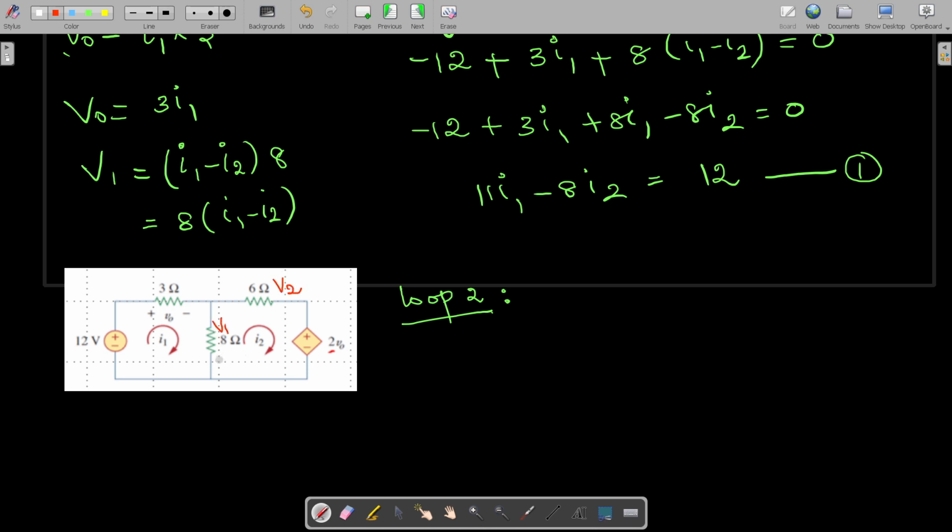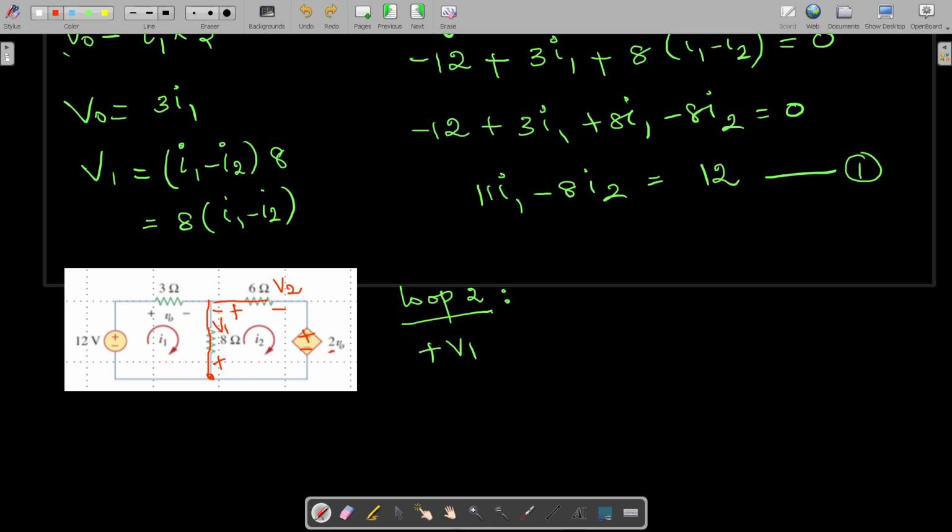The current enters at this point and it leaves here, the side 2 current. And here it enters here and leaves here. And already these polarities are given as plus and minus for this 2V0. So when we start from here and traverse through this, we encounter this plus V1 and through this path.